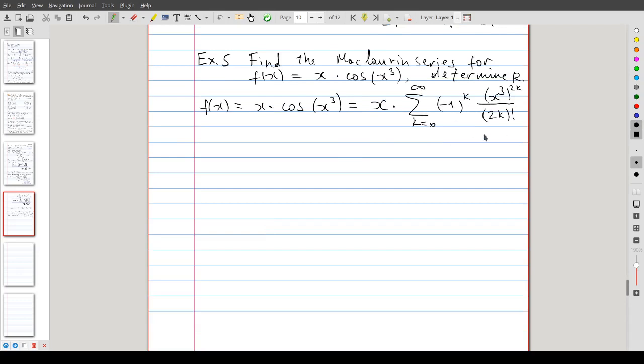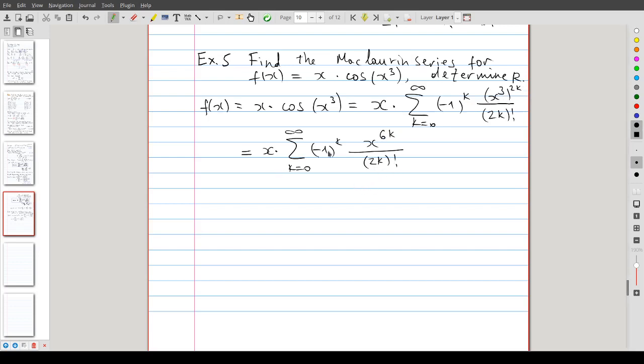Let us simplify this further. We have x multiplied by the infinite sum minus 1 to the k, x to the 6k, I have multiplied the two exponents, divided by 2k factorial.